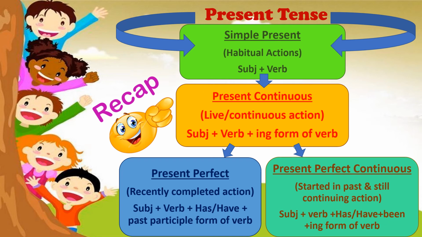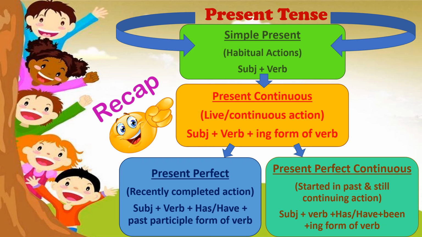So let's have a quick recap. Present tense, on which we are concentrating, is divided into 4 categories, that is simple present tense, present continuous, present perfect and present perfect continuous. Simple present tense is used with subject plus verb, whereas in the continuous tense we add the subject plus verb plus the ing form of verb.